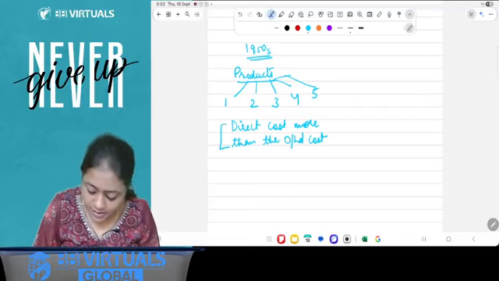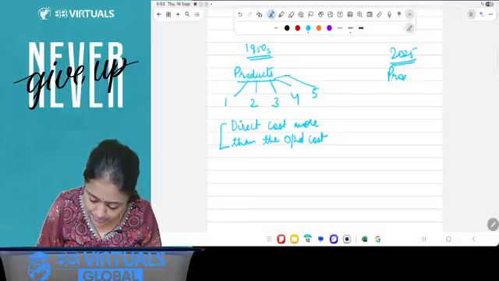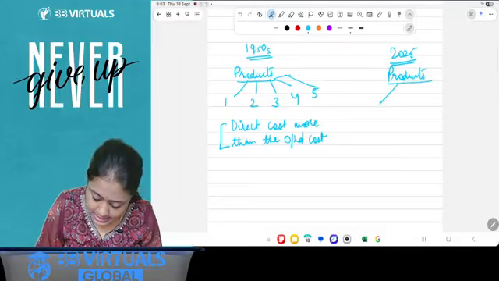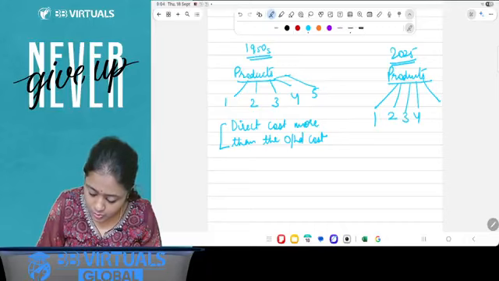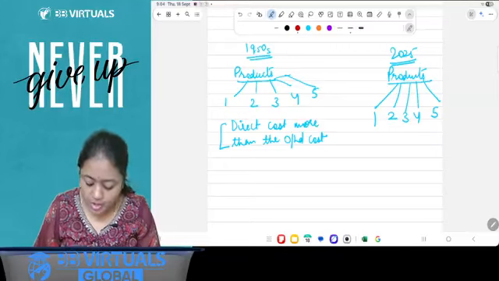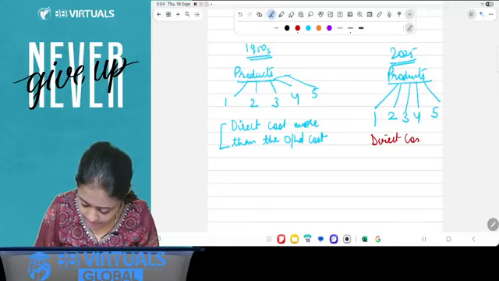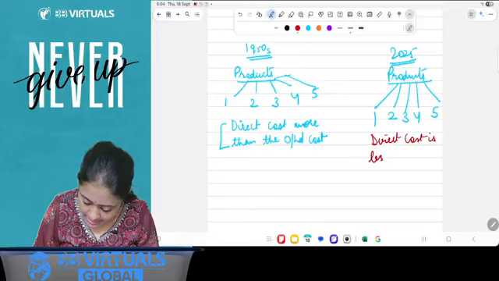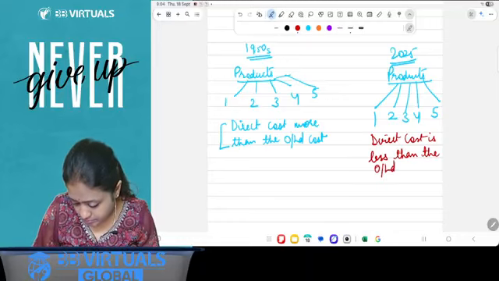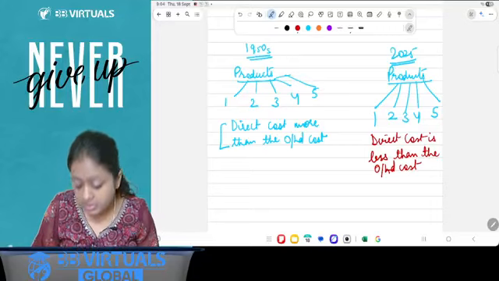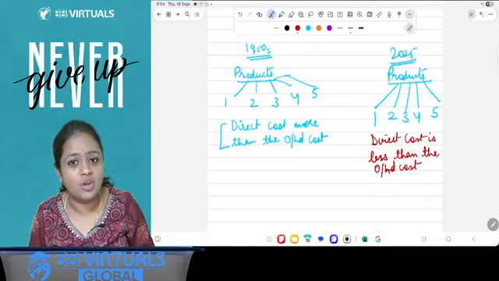But if I talk about 2025, even if the company is making the same products, 1, 2, 3, 4, 5, what you observe is that direct cost is generally less than the overhead cost.